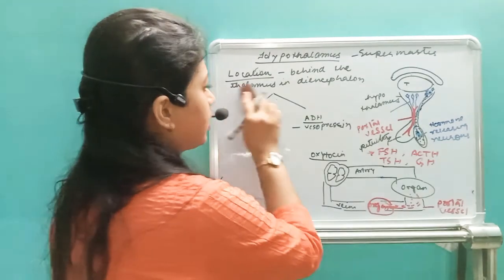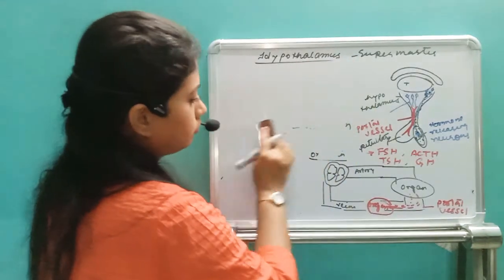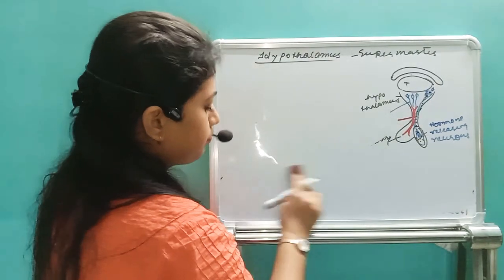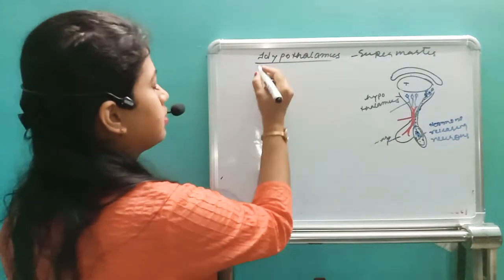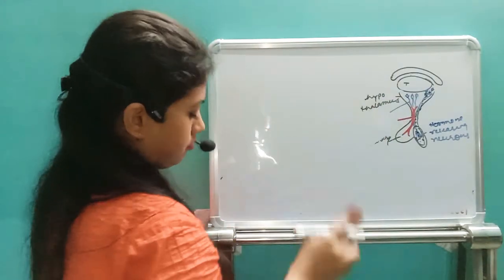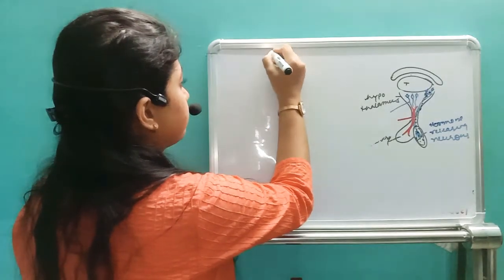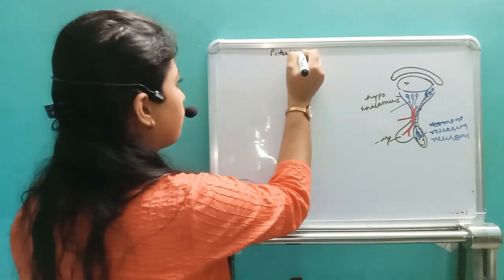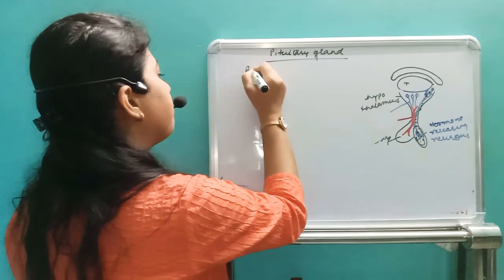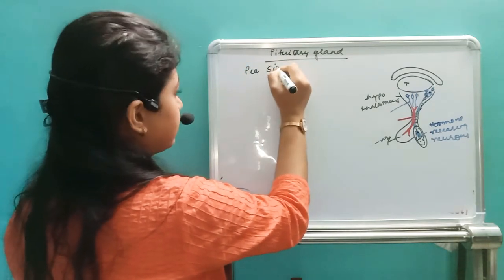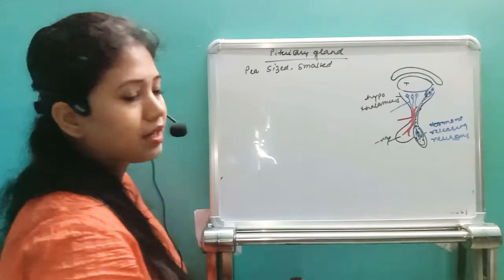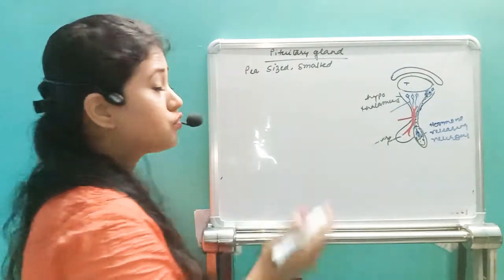We'll reach the next one, the pituitary gland. So what is the pituitary gland? It is the smallest gland of our body, pea shaped or pea sized, and it is present behind the hypothalamus in the sphenoid bone.